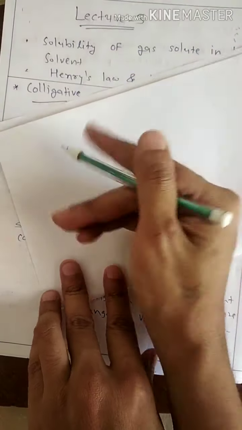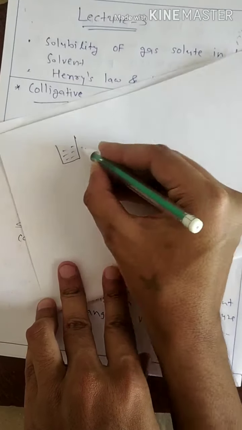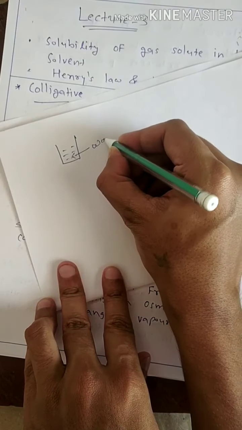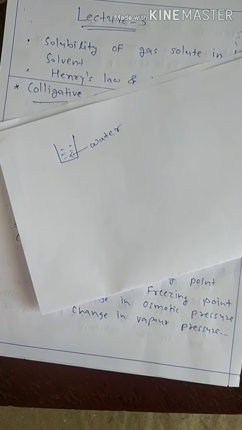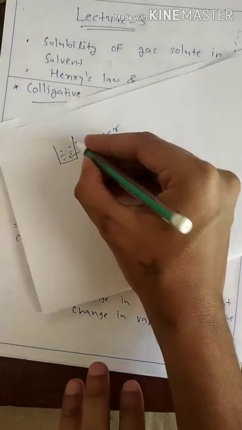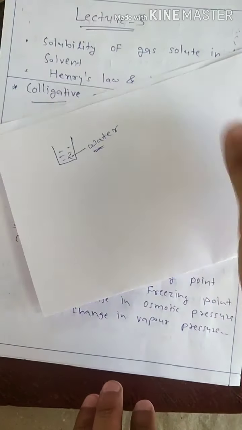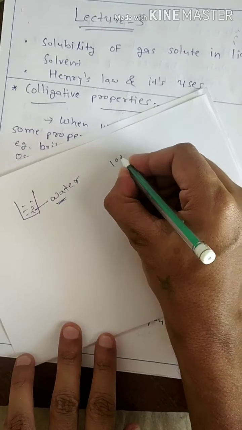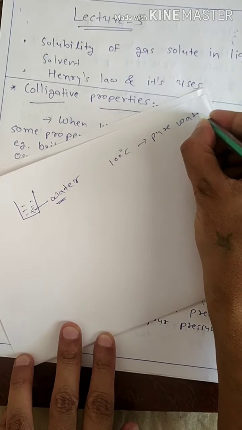Suppose I have a glass full of water here. It is pure water. Now I am measuring the boiling point of this water. What will be the boiling point? 100 degrees Celsius for pure water.